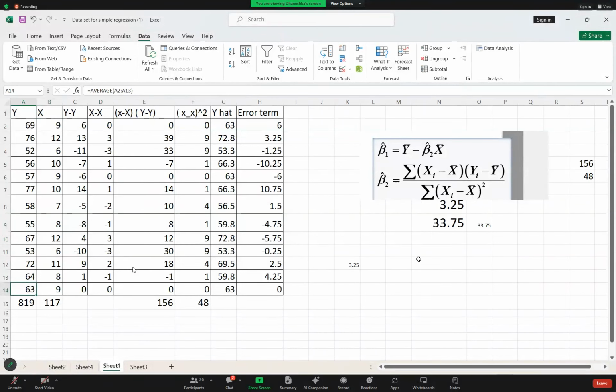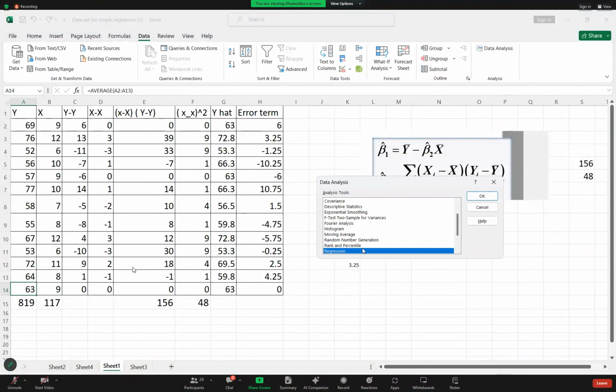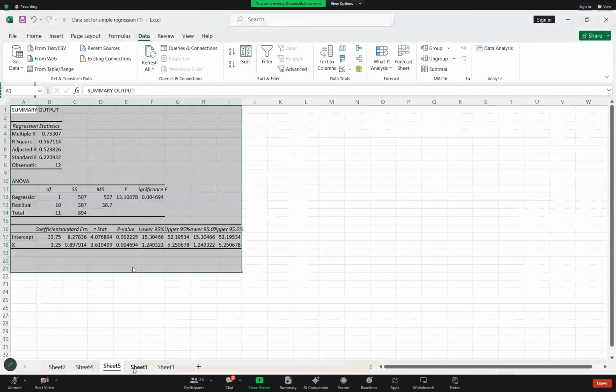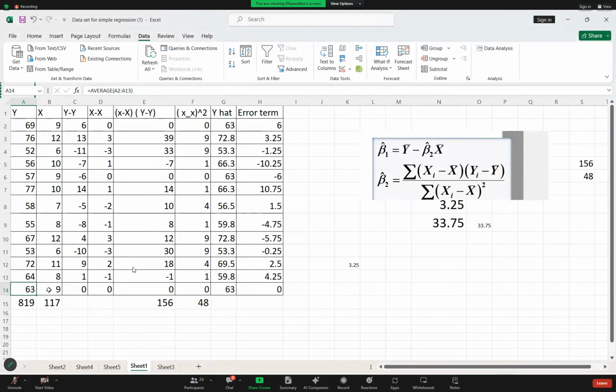And this is the average. We should select this data for regression, then okay. Because 63 and 9 are the average values.